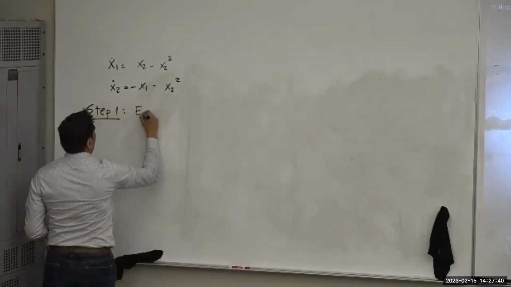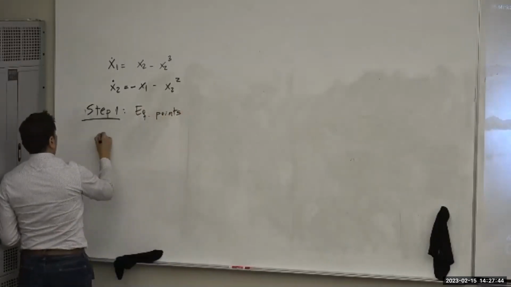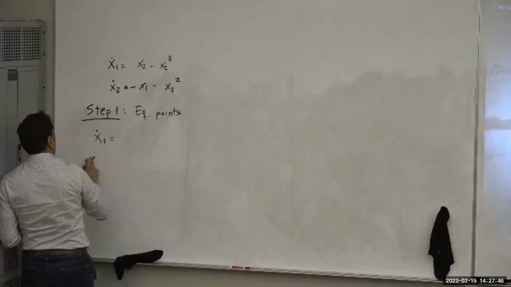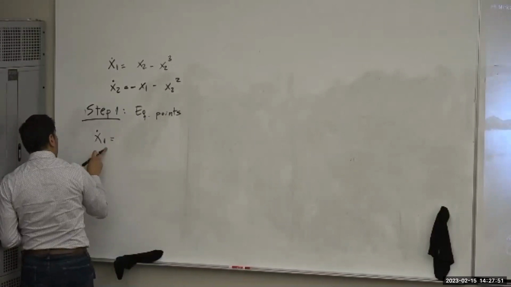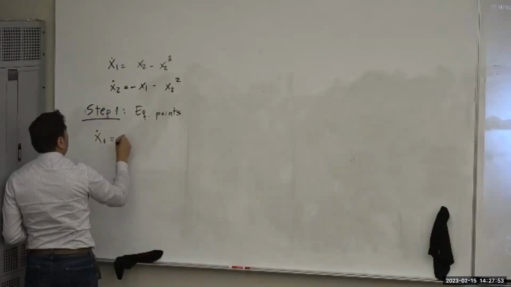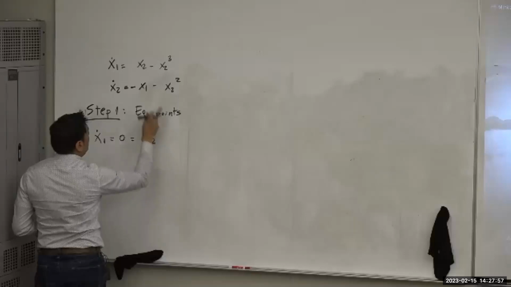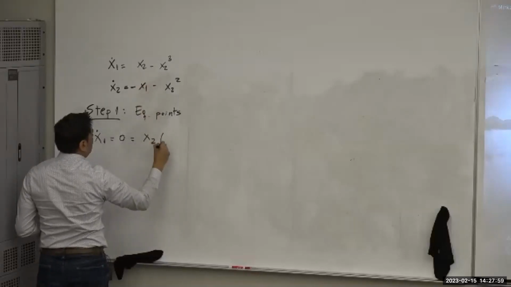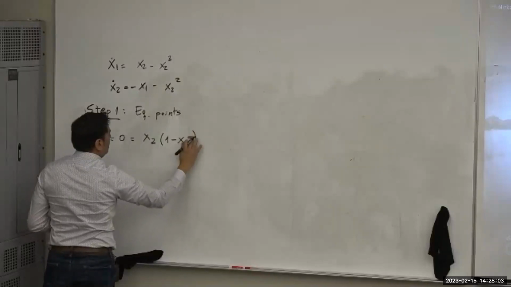Step 1, equilibrium points. We will take the derivative of x1 with respect to time and make it equal to 0. That is equal to x2. I can factorize by x2, and we get this.